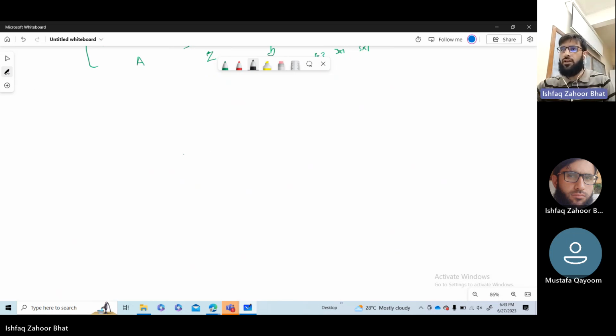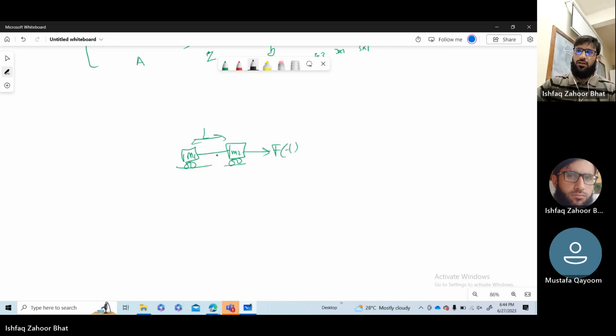We had this problem where M1 was connected to M2, and F of T was the external force, and there was a constraint of fixed length between the two. We saw that we do not know the tension, or the constraint force, in this massless string.